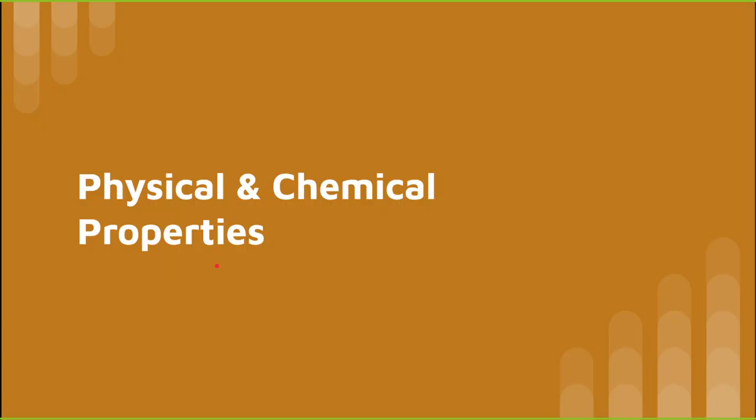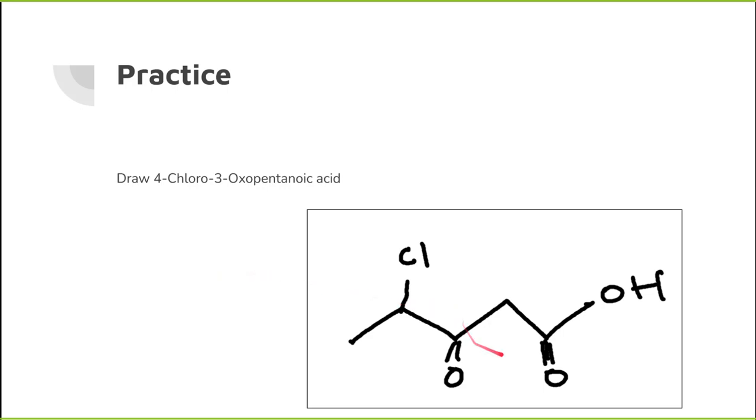What's the 3-oxo? This is the third carbon here that's got that oxo group on it. So this is your carboxylic group here. You always start numbering with that first carbon. So that would be 1, 2, 3-oxo, 4-chloro pentanoic acid.